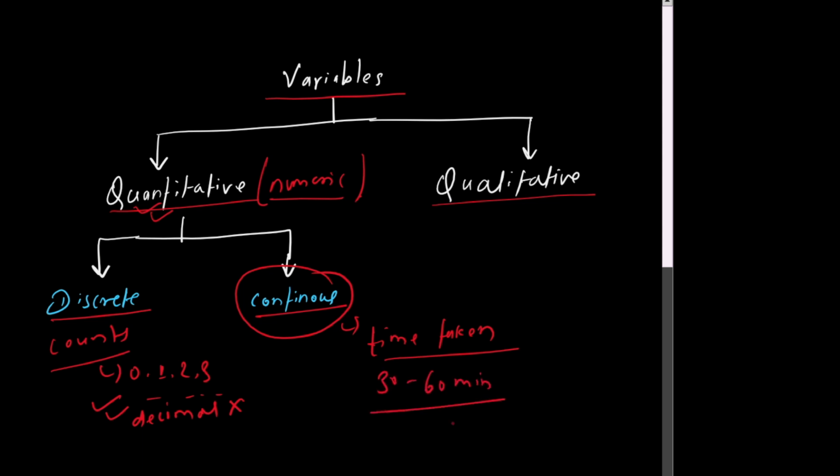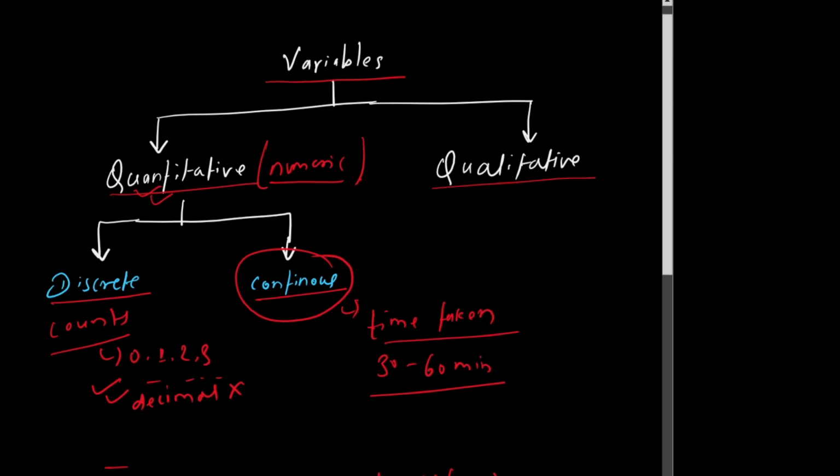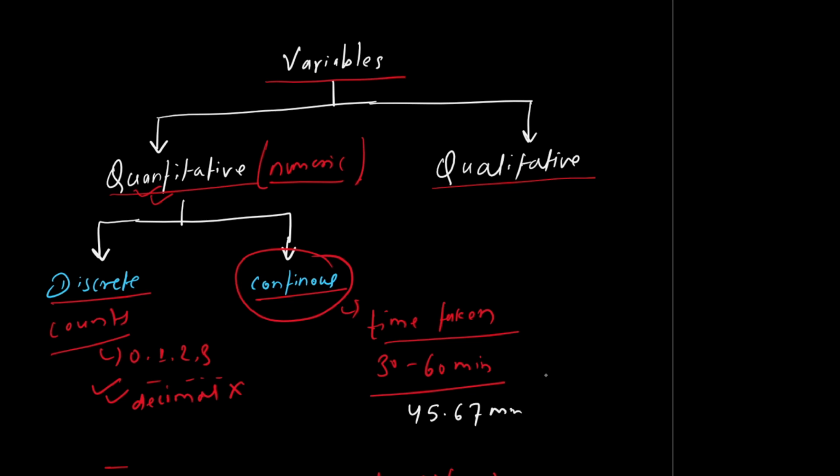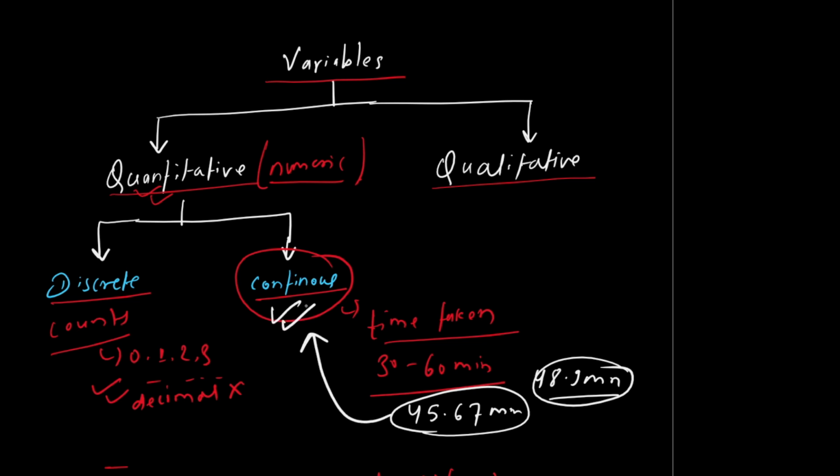Okay, and we will complete our examination within this time, maybe 45.67 minutes or maybe 48.9 minutes, and so on. And these types of variables have no fixed value, they always fall under a certain range, and these types of variables we call continuous variables.